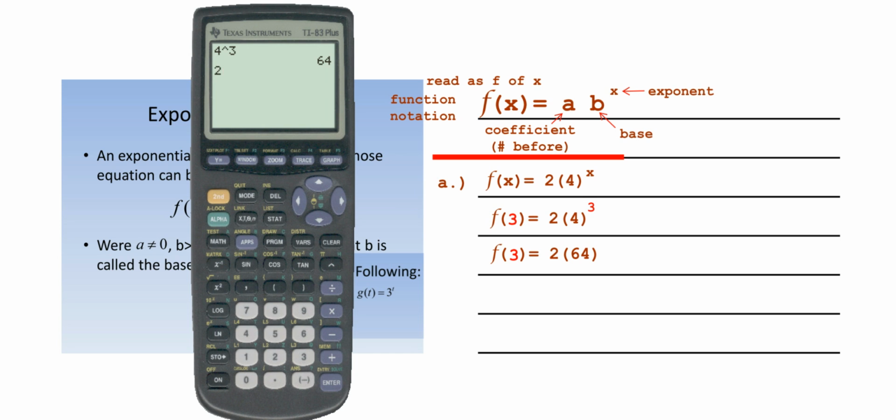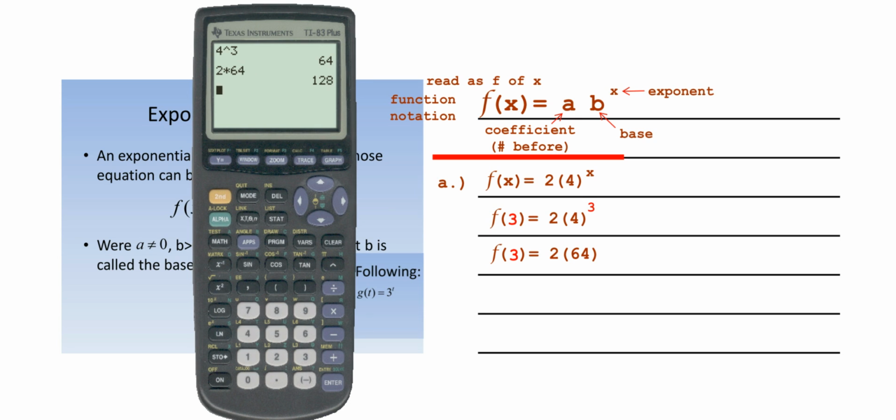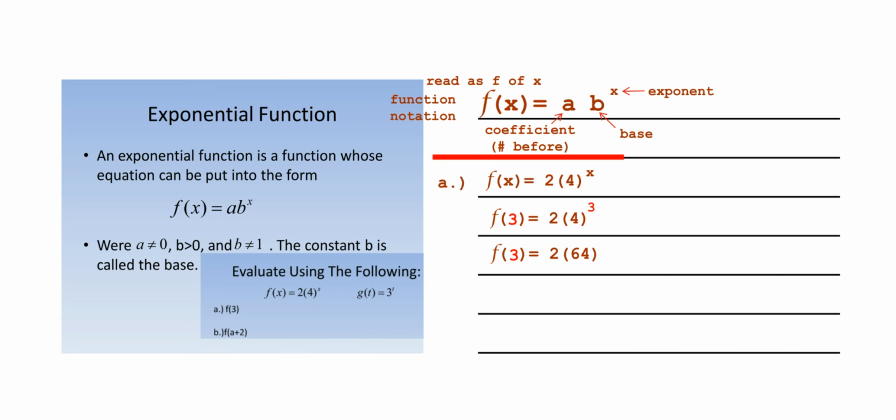So 2 times 64, there we go, 128. We verified it. So remember, practice your multiplication, and just as well, practice using your calculator. So f at 3 equals 128 is our final result.